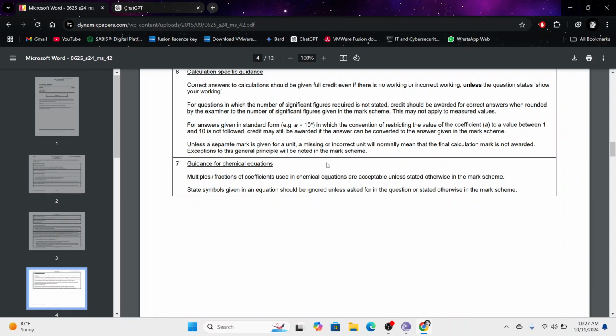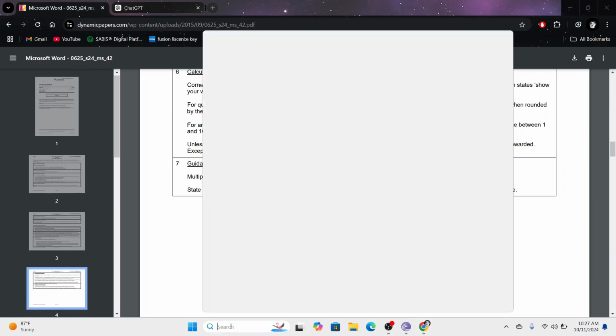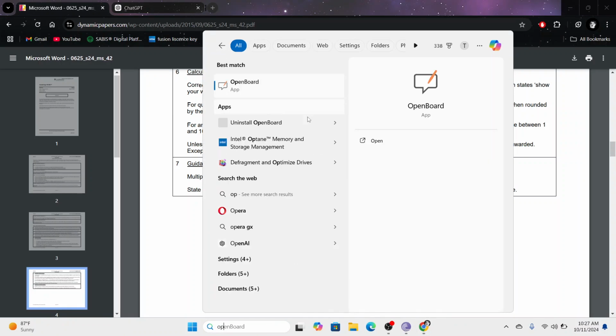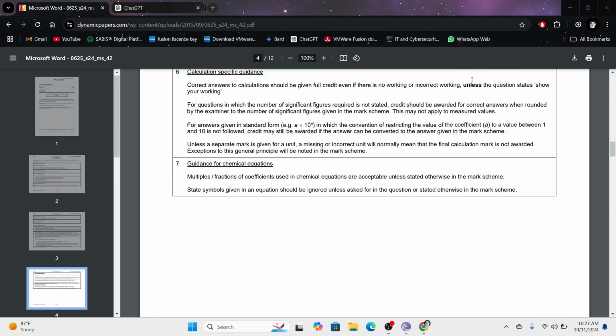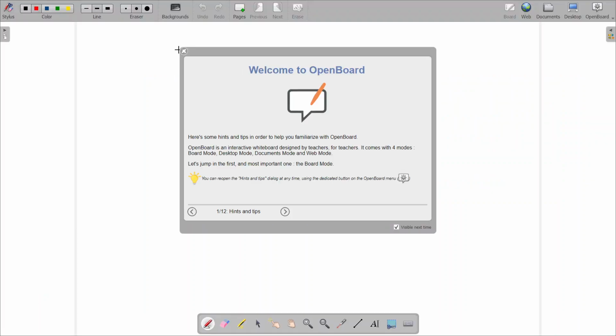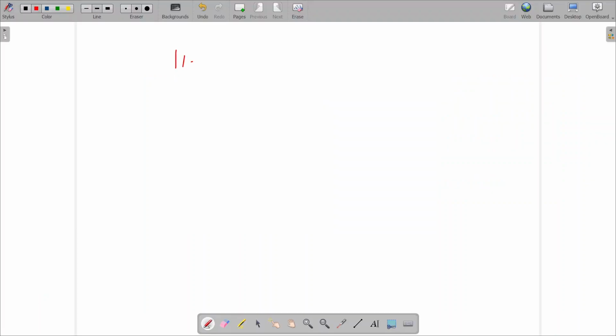But here they said, for example, say your answer was 1100. Okay, let me just get an open board. Let's just wait for it to load. There we go. Say your answer was 1100. In scientific notation this would be written as 1.1 times 10 to the power of 3.